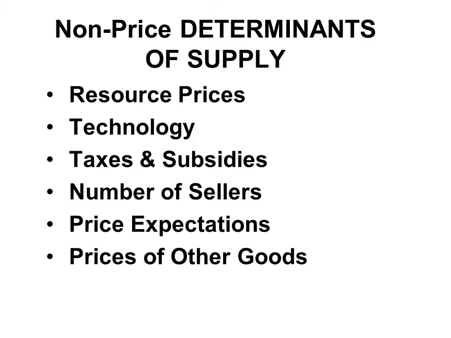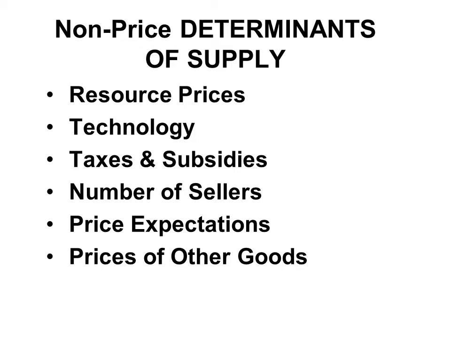The education market receives a lot of government subsidies. Likewise, if you think about alternative energy, things like wind and solar panels, the government takes tax revenues generated from somewhere and hands them out to producers of renewable sources of energy, and we'll talk about why that occurs. Number of sellers is exactly what it says.